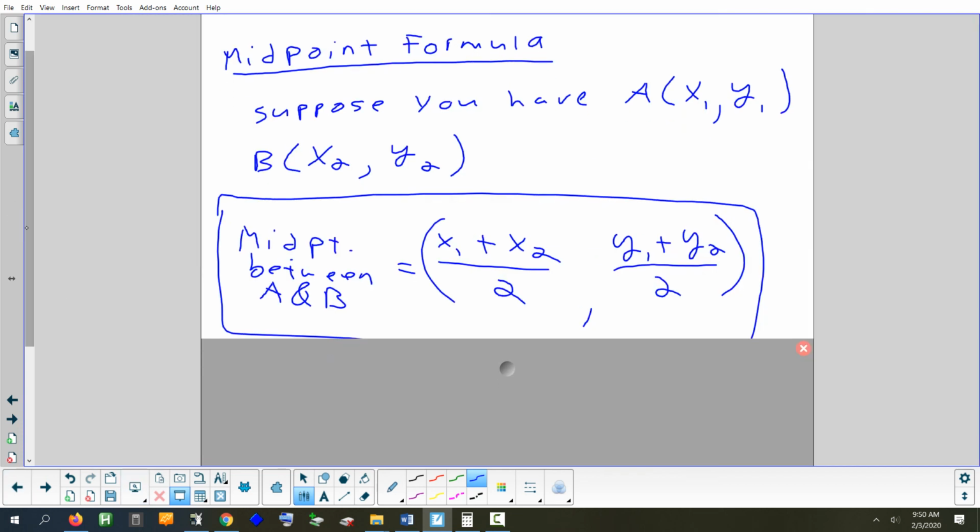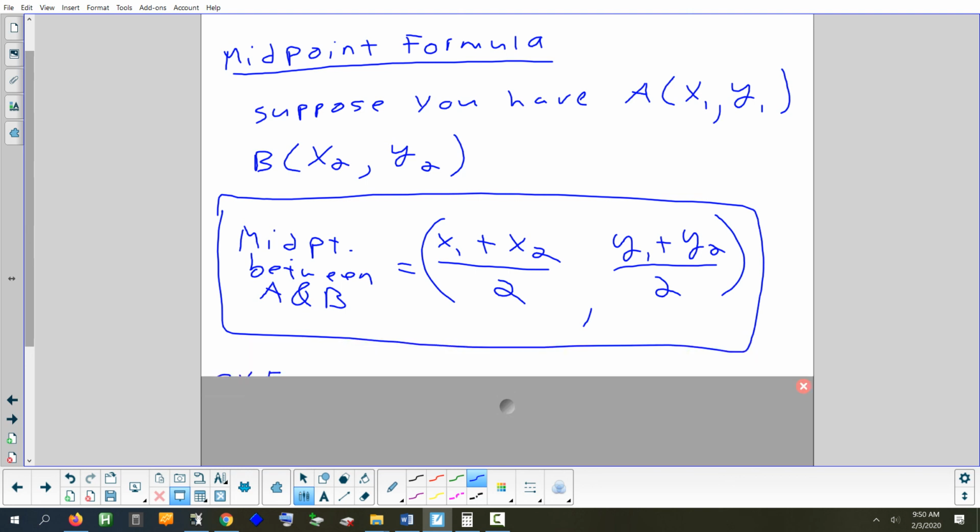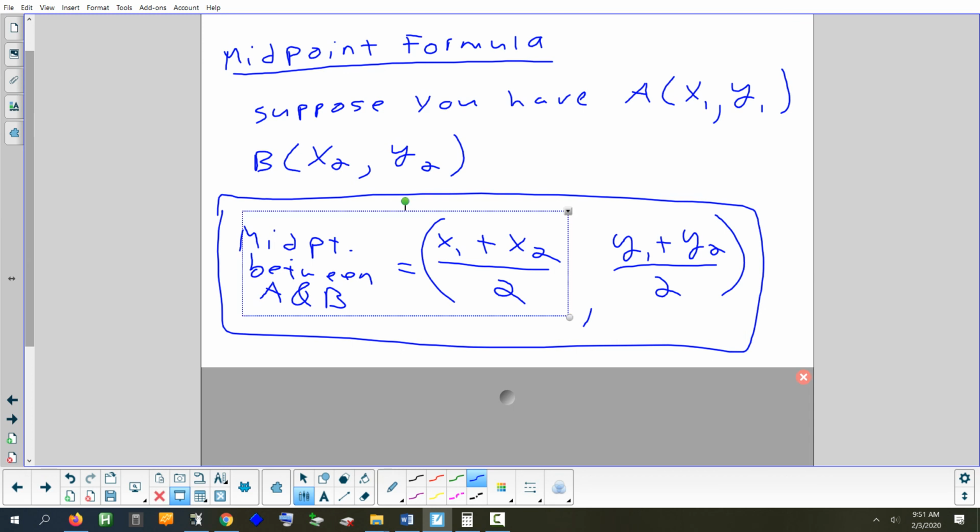So the midpoint formula is a little different than the distance formula. You're not finding how far apart two things are. You're finding where the middle of two things is. And from statistics, you might recognize what's going on here. When you add two things up and divide by 2, that gives you the what of the two things? The average, or the mean.